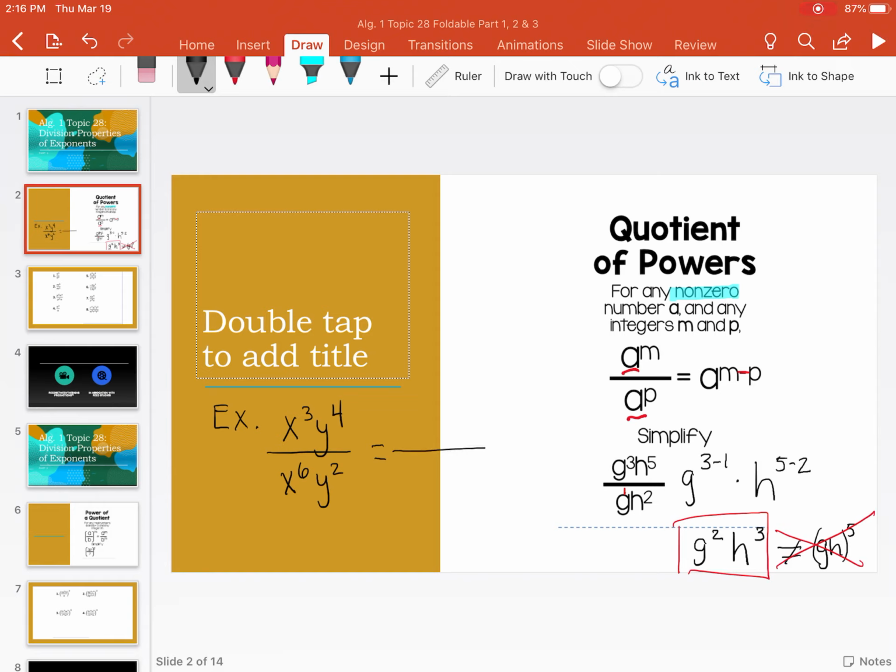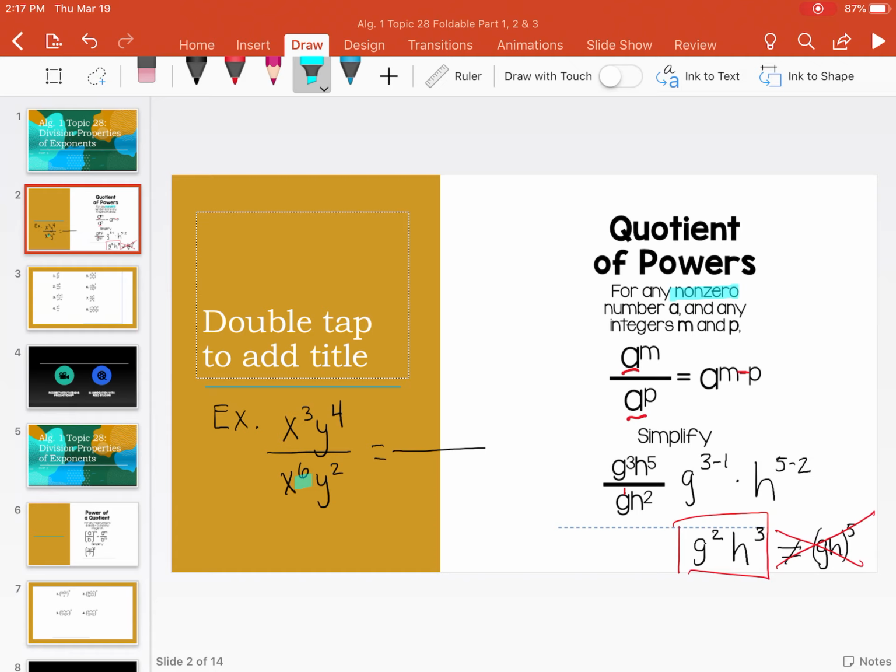So when we think about 3 minus 6, which number is bigger? Our 6 is bigger. So when we write the difference between those numbers, I'm going to write it in the part of the fraction that has the bigger number.